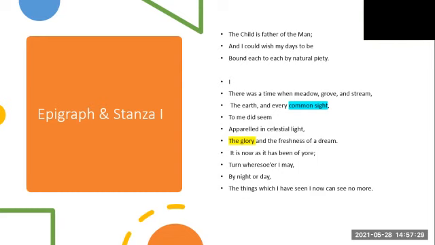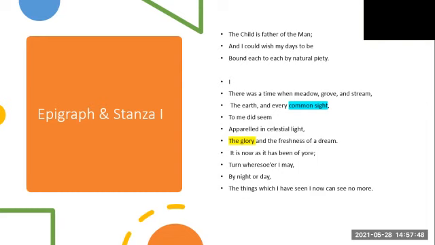Now, the word glory is very important because it's going to be repeated throughout the poem. But now he does not have this feeling of the glory and the freshness of a dream, because the stanza begins with, there was a time.